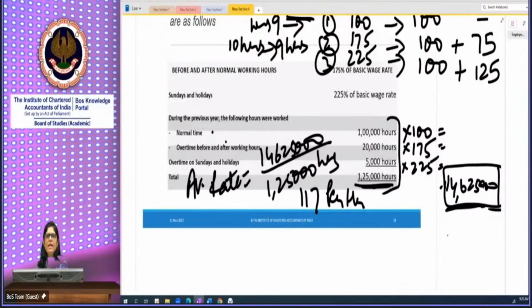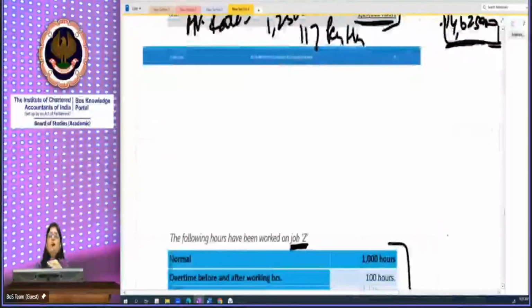When the overtime is a regular feature, then it's no overtime actually. That means it's your normal working hours. There is no overtime as such, but yes, we have kept the higher rates for these holidays and before and after working hours, but it's a normal scenario.